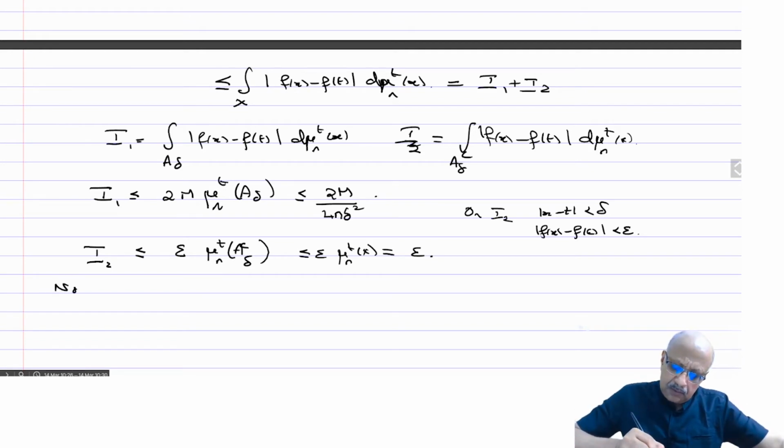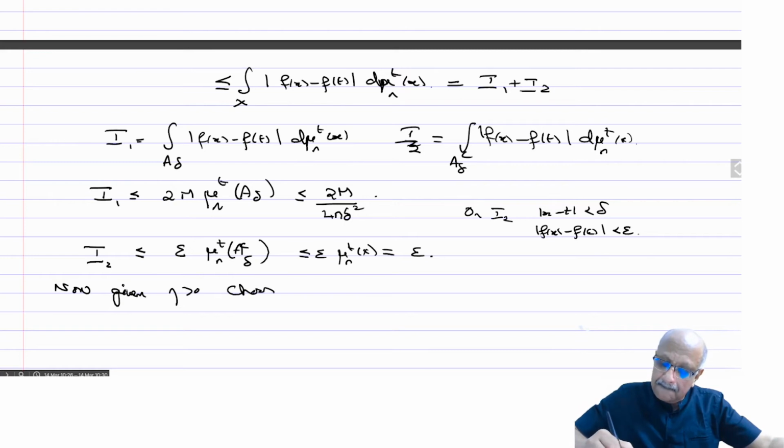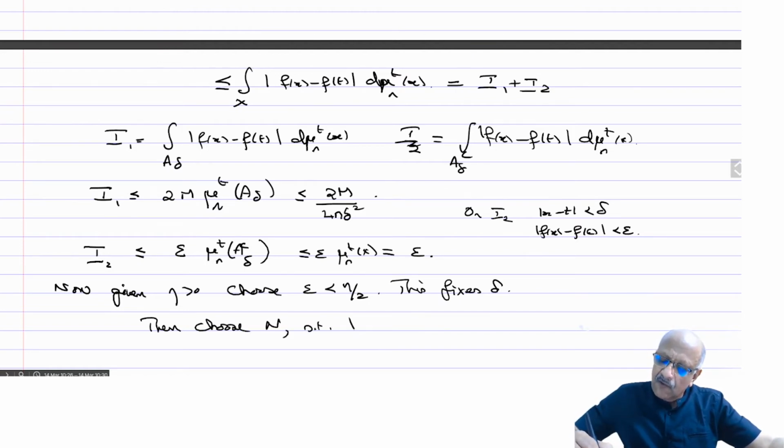So now, given eta positive, choose epsilon less than eta by 2. This fixes delta. Then choose capital N such that for all n greater than or equal to capital N, we have 2M by 4n delta square less than eta by 2.